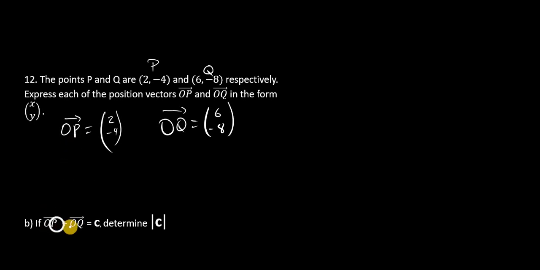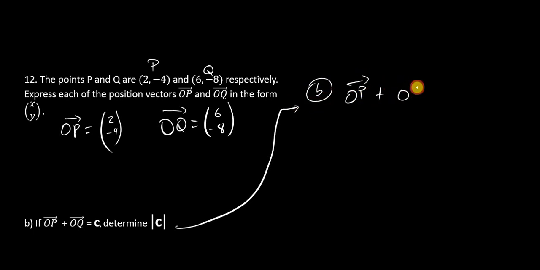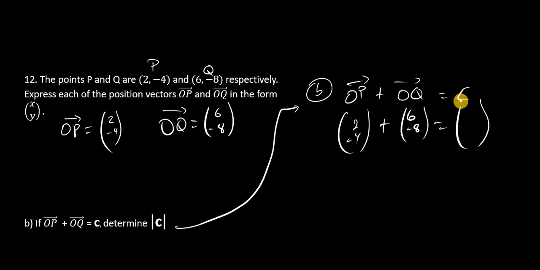Add position vector OP to position vector OQ, and we should get vector C. So we have 2, -4 for position vector OP and 6, -8 for position vector OQ, and we add them. 2 plus 6 gives us 8, and -4 plus -8: use your calculator if you don't know that. The signs are the same on the numbers we're adding, so we add and keep the sign. That's -12.